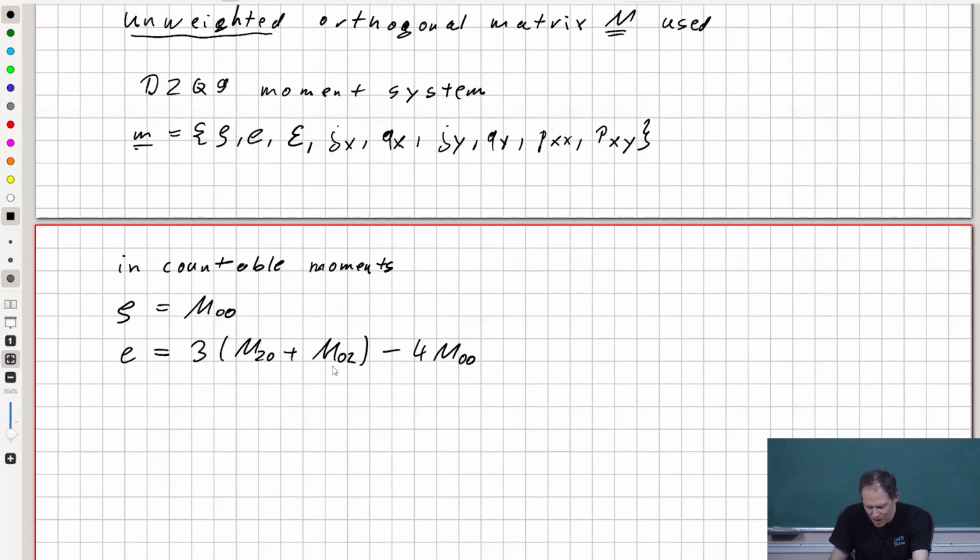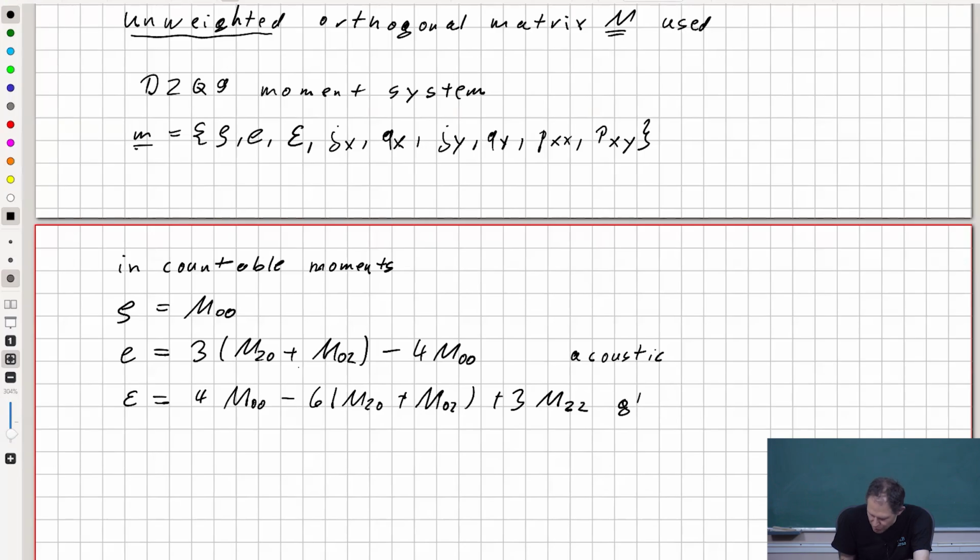Yeah? So they define different moments here. But this is related to the acoustic moment. Then we have this epsilon, which is 4 times the zero moment minus 6 times M20 plus M02 plus 3M22.